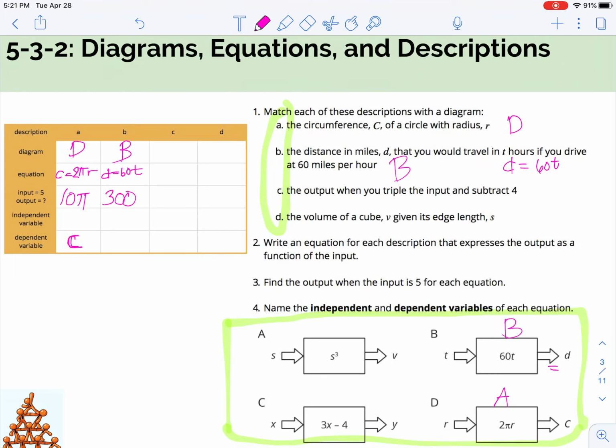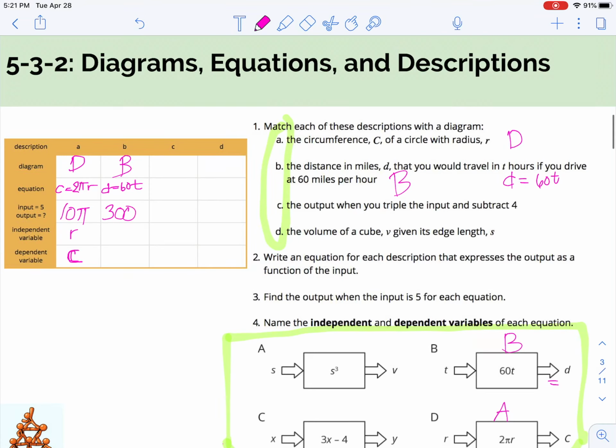And the independent one is radius, because they're going to give you radius to help you find circumference. Dependent means it depends on information.